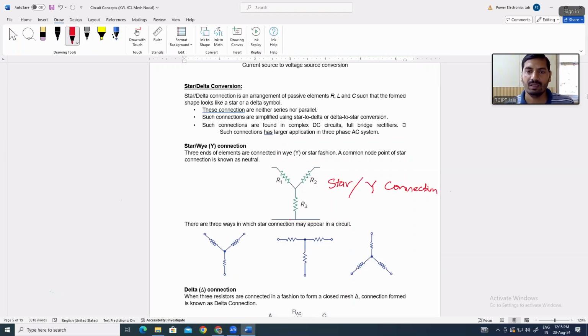You can see the shape is like Y. There are many ways of representing a star. You can also see that this Y can be represented in T shape. This is also a star connection, or the reverse Y. You can also see that this is another type of star connection. So there may be three possibilities of star connection.